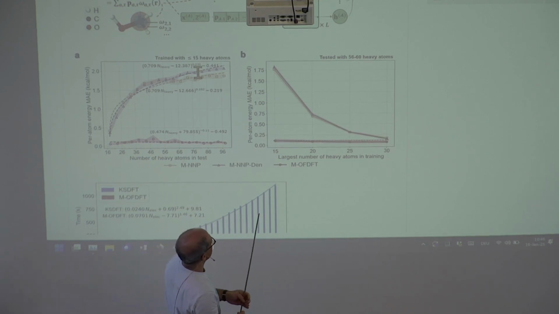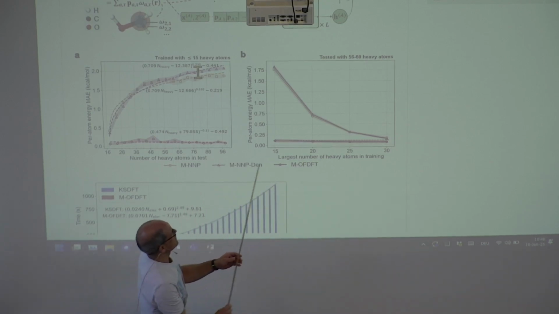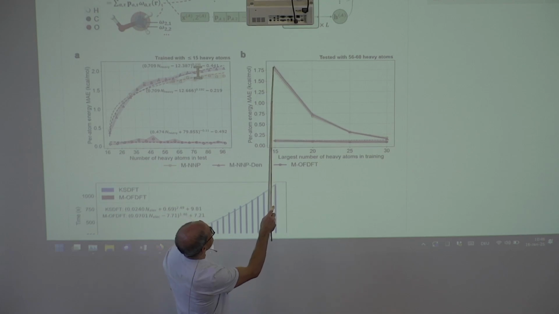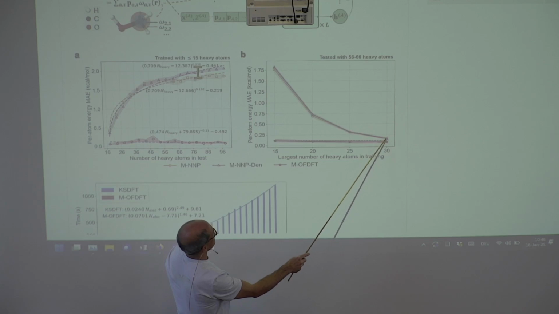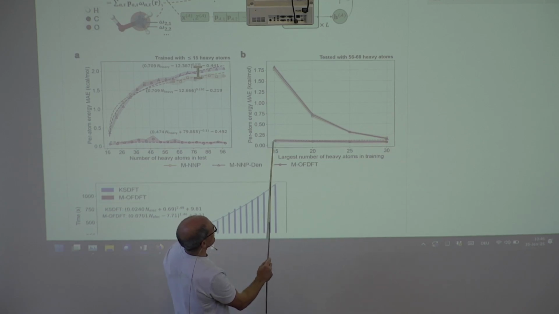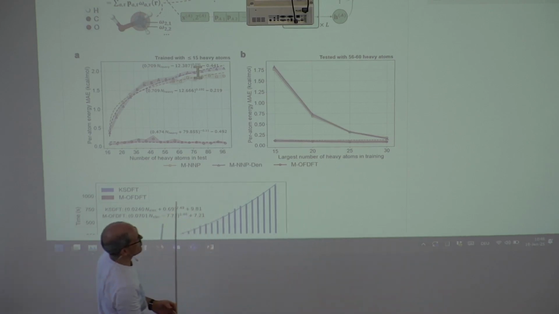And okay, the second plot tells a similar story, that for the machine learned force field, you need a good match of the training data with the test data for the error to come down. And this method operates much more robustly when moving through chemical space.